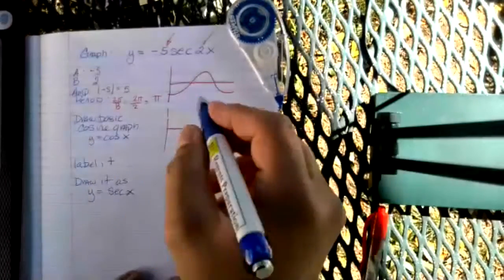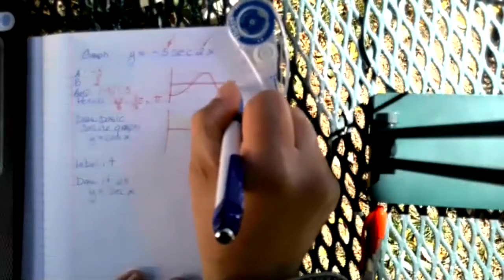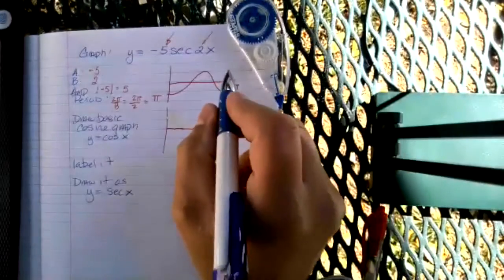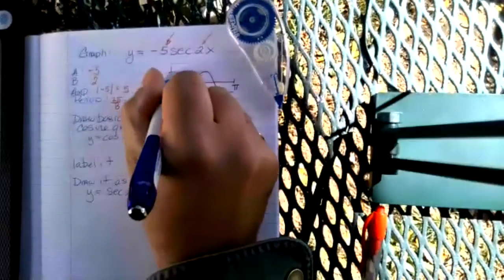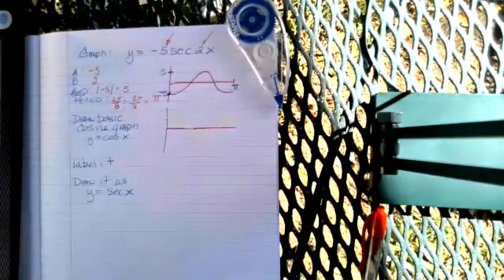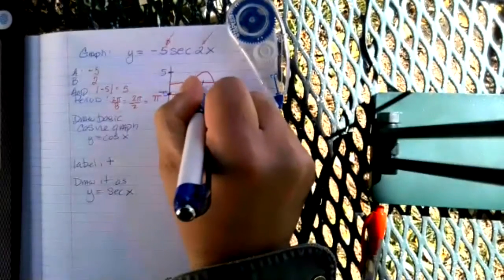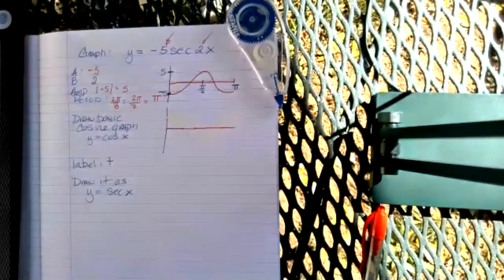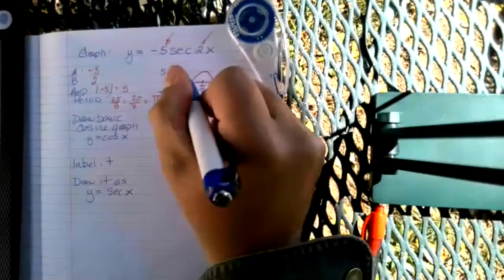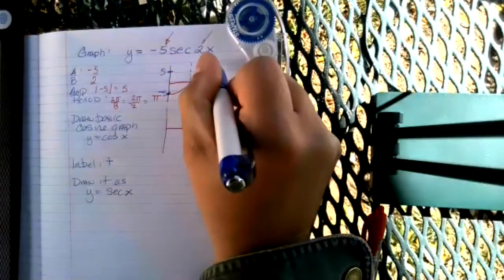Now when I go to label it, I know the end of the cycle is where I label my period of pi. My amplitude is 5 and -5. So that means this is going to be half pi. I know that everywhere there's a 0, I'm going to have an asymptote.